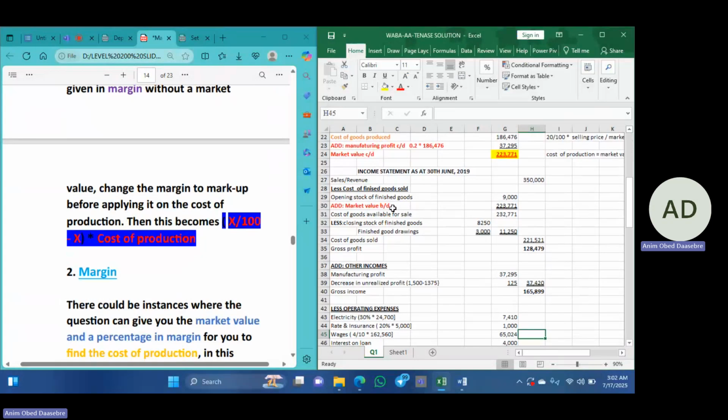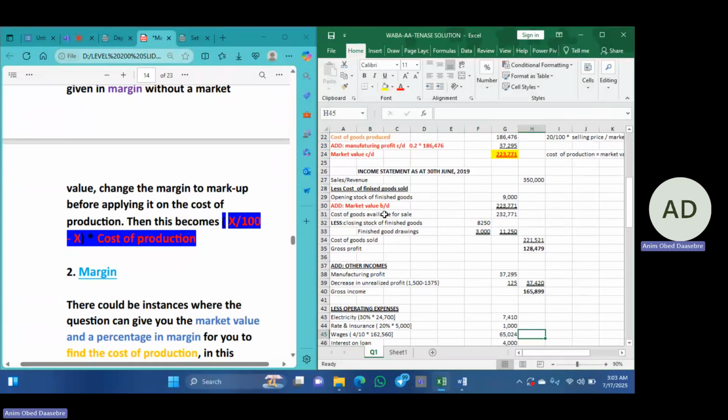But the idea is that most of the time they don't buy external raw materials or final products. But if there is any instance where they give you purchase of raw material and purchase of finished goods, then you have to add it to this market value.